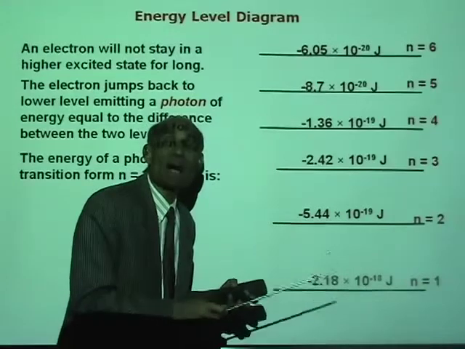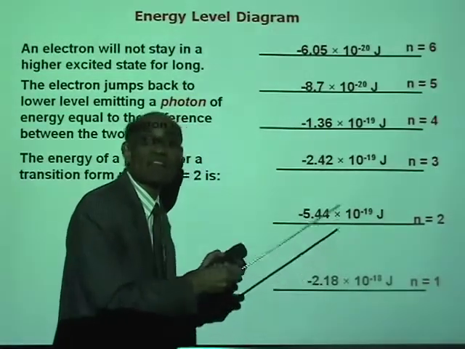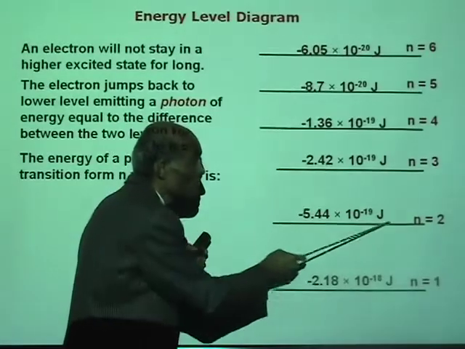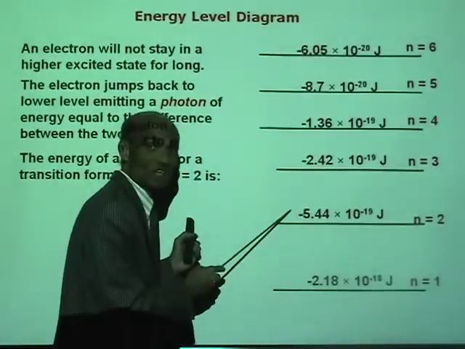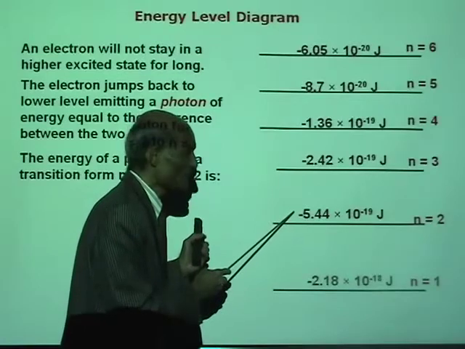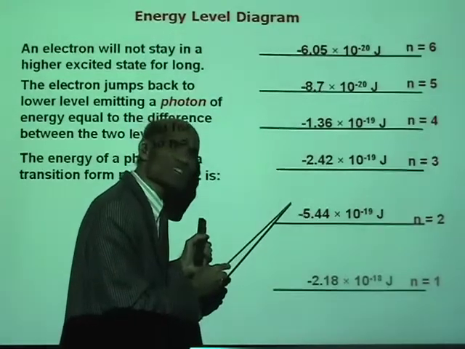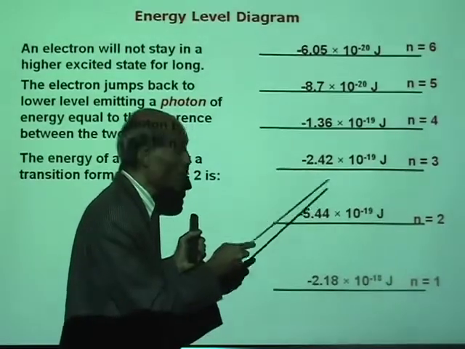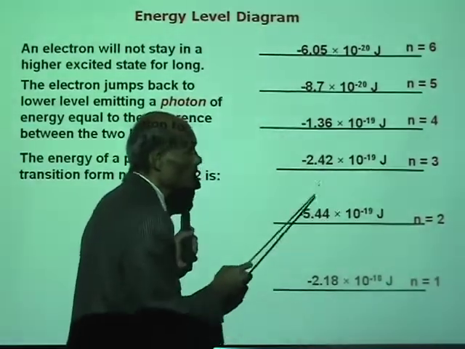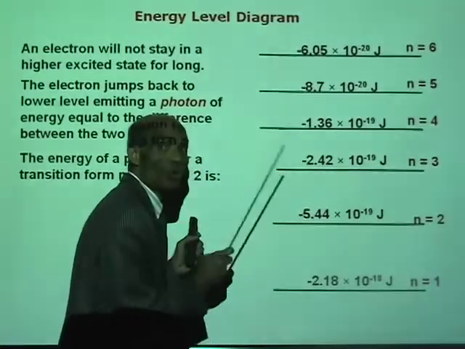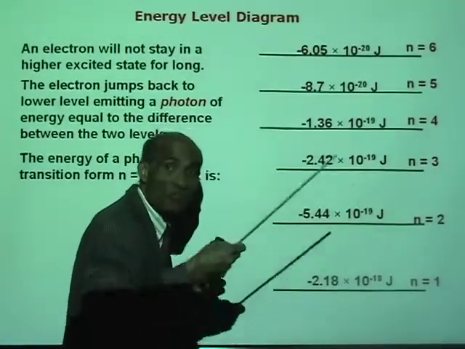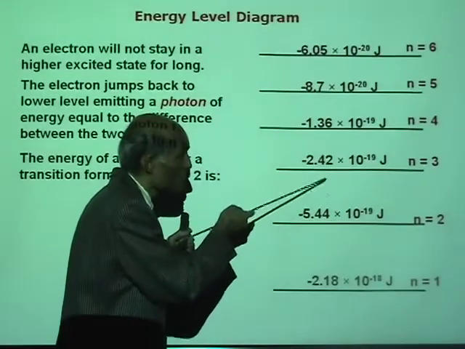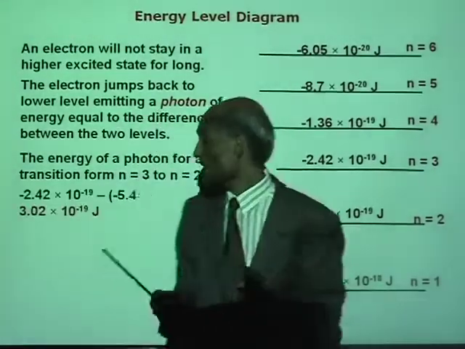What will be the amount of energy given out by that electron? It will be this value minus this value. Can you do that on a calculator? As I told you, you don't really need to worry about it, but if you really want to, go ahead and give it a try. This value minus this value will be the energy of the photon emitted when an electron jumps from n equal to 3 to n equal to 2.